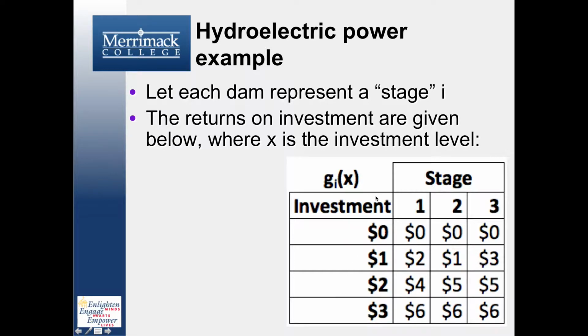The stages are the i's, and the investment levels are the x's. And the returns on investment at each investment level for any of these choices is given in the table here. Okay? So the maximum investment is $3 million. Can't exceed that. So the capacity, if you want to think about it that way, is 3.